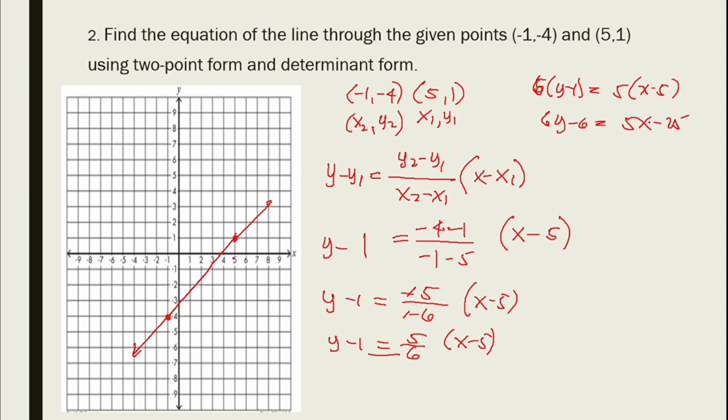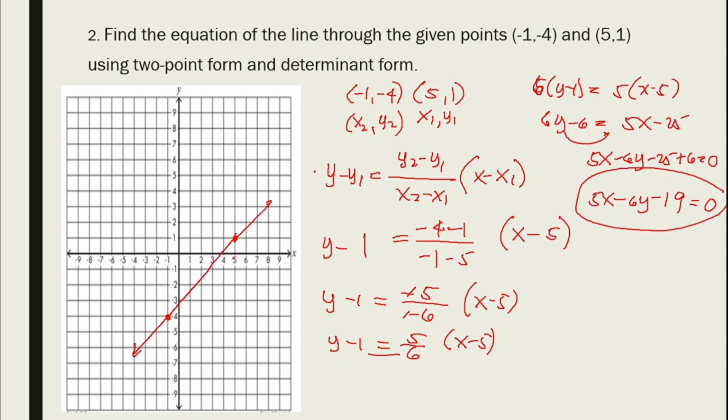To have the general equation of the line, we transpose: 5x minus 6y minus 25 plus 6 is equal to 0. So we have 5x minus 6y, minus 25 plus 6, that is negative 19, is equal to 0. So the final equation for this line is 5x minus 6y minus 19 is equal to 0.